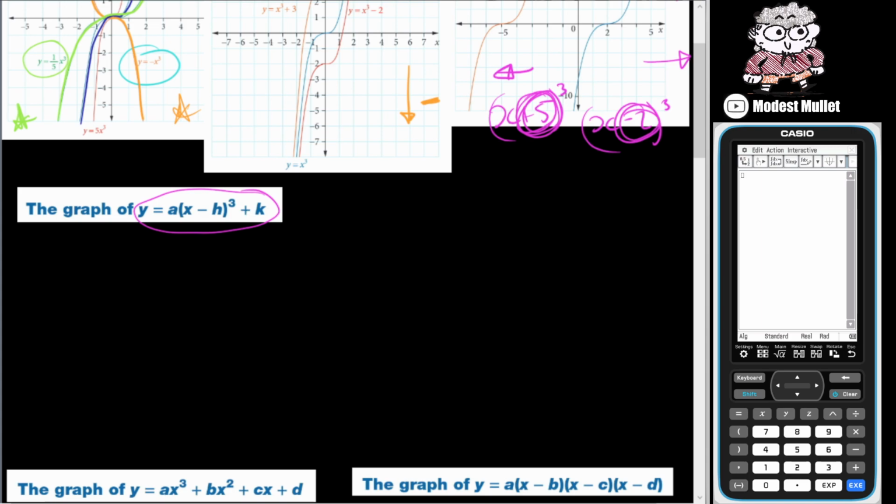If we combine all three of those transformations, we get what we can use as a pretty easy thing to graph. Just like turning point form of a quadratic, we can end up with some cubic where that point of inflection is going to occur at (h, k), and then the a impacts dilation or reflection.